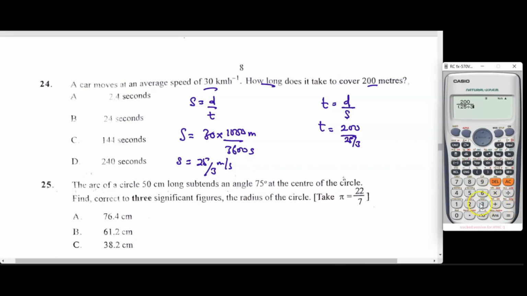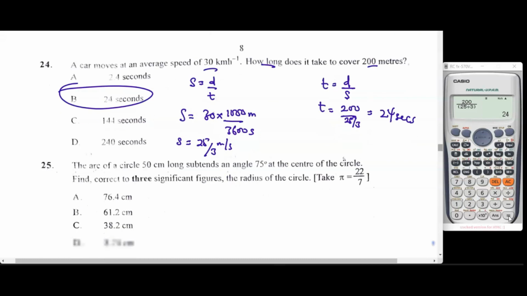Close brackets, equal to, and the answer is 24 seconds. So this is equal to 24 seconds. Question number 5.